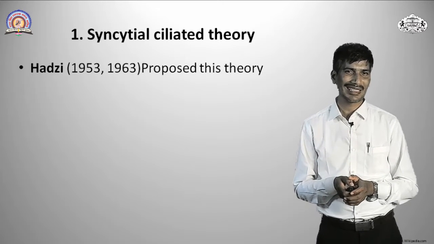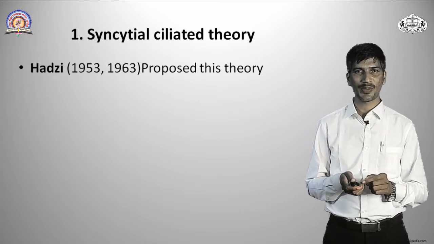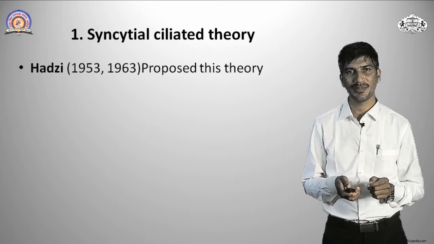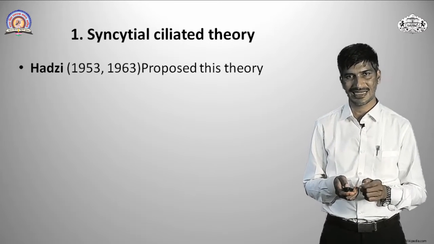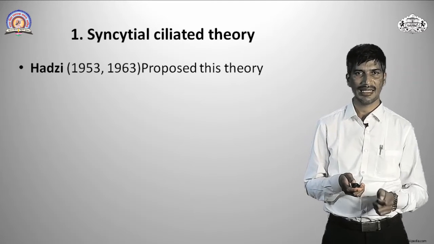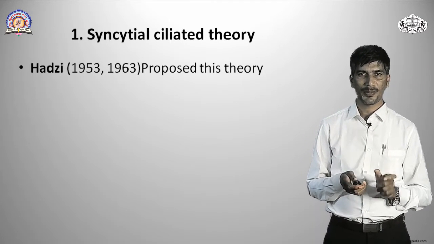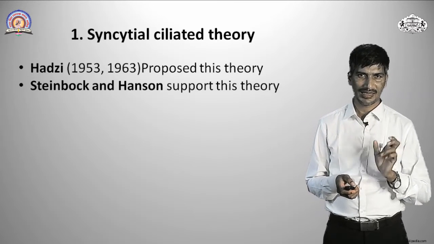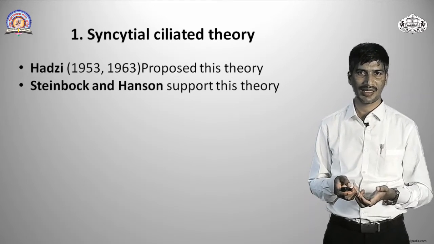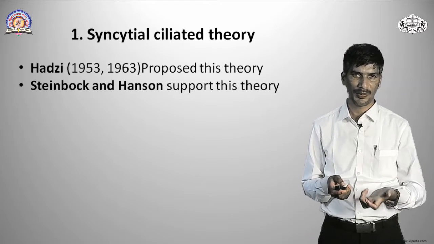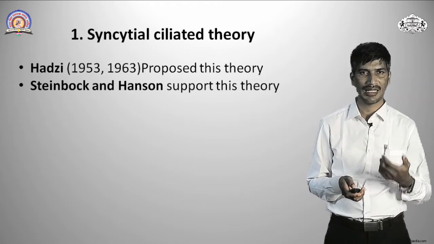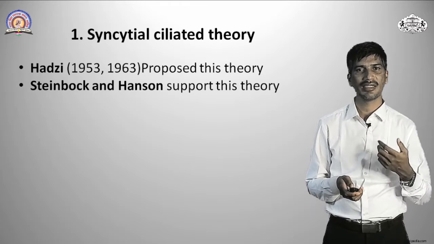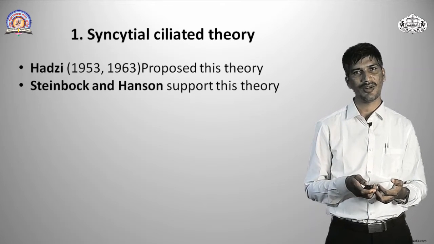Who put forward this theory? This theory was put forward in 1953 and 1963 by Hadzi. He proposed some ideas, and afterwards Steinböck and Hanson also supported this theory of metazoan origin.